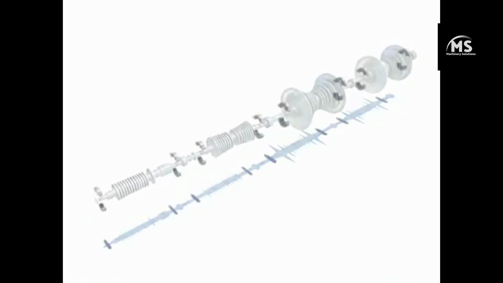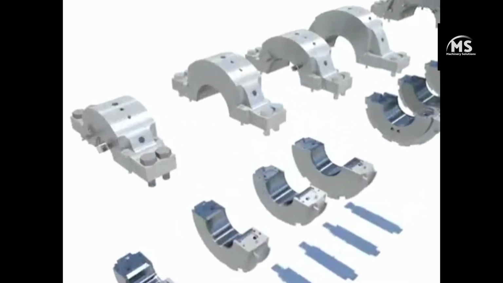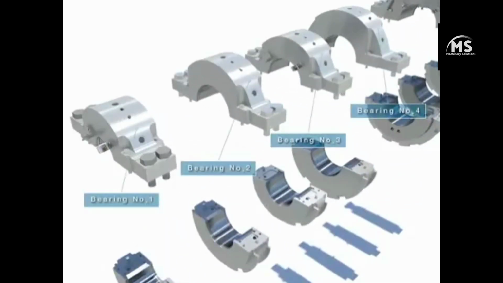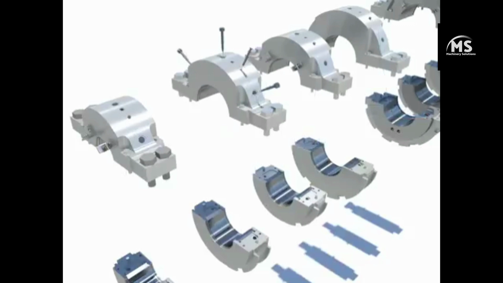The bearing is an equipment which sustains the weight and thrust of the turbine rotor. Number 1 to number 4 bearings consist of the double tilting pad type.